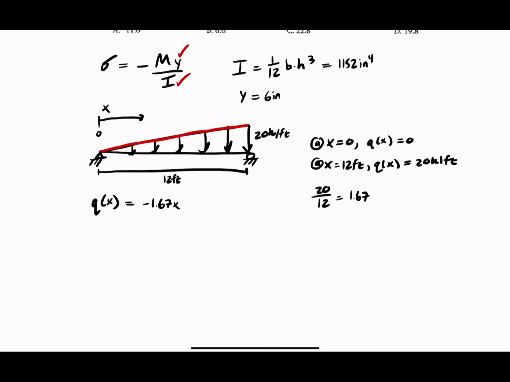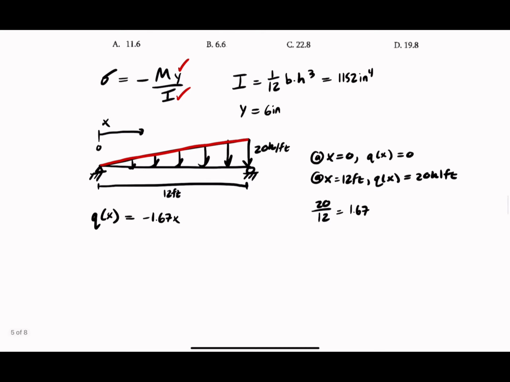When x equals 0 on our function, we get 0 in our triangular distribution, which is good. When x equals 12, we get 20 kips per foot, which is perfect. That's what we want.